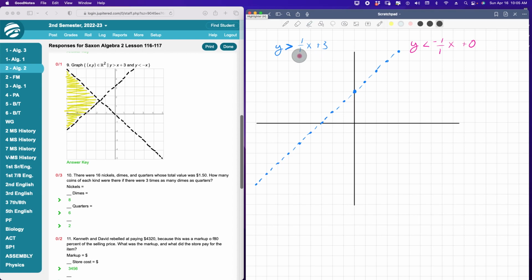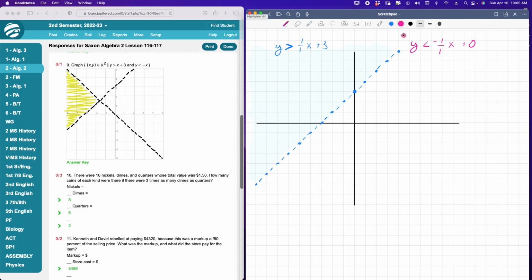So the points that are greater than this line or this boundary are the ones on top. So we're going to fill in the section above that's on the graph, just like that. All right, so that would include all of those points.